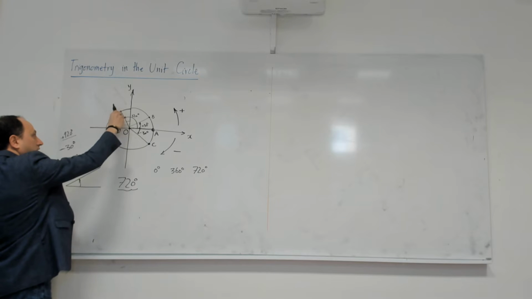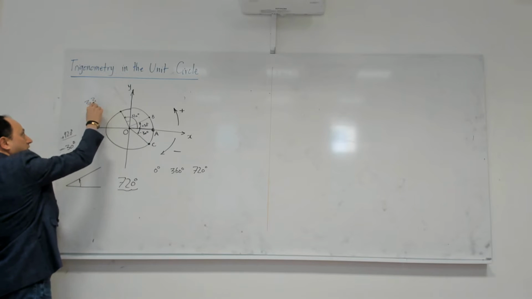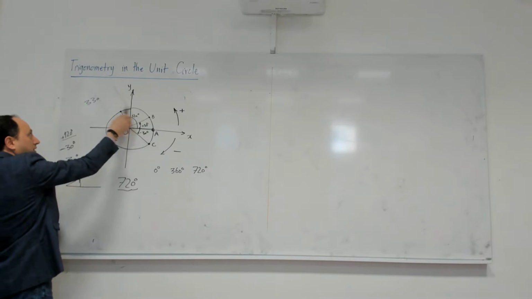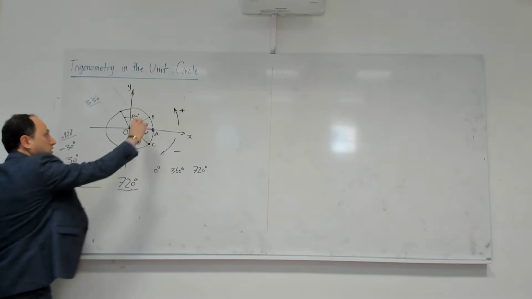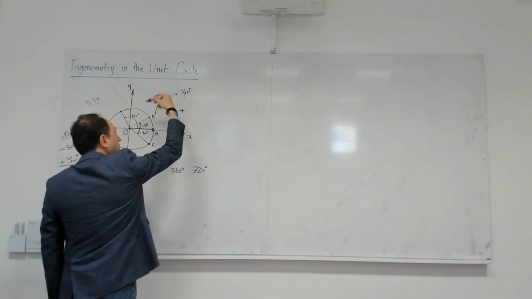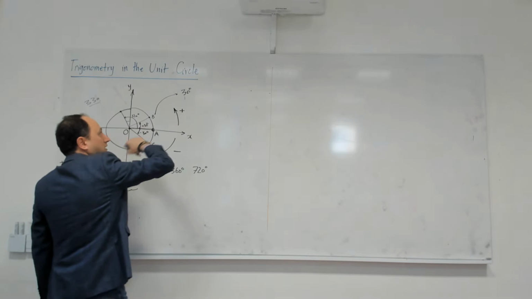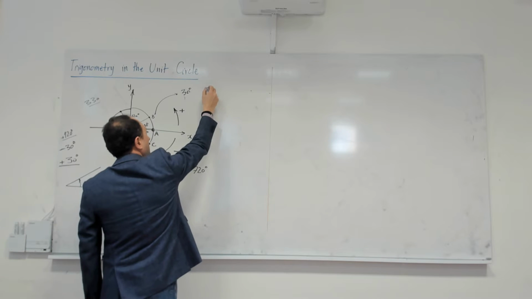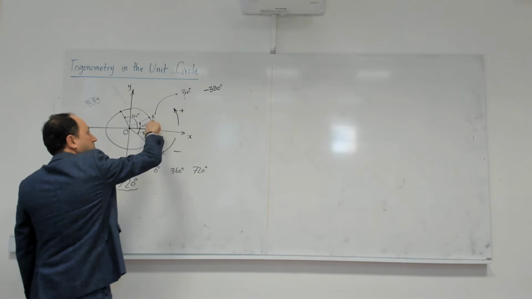If you rotate up to here, it is 360 degrees, but you said 330, so you stop 30 degrees before. The final point of 30 degrees is B, and as Maximilian mentioned, minus 330 degrees also ends at B.